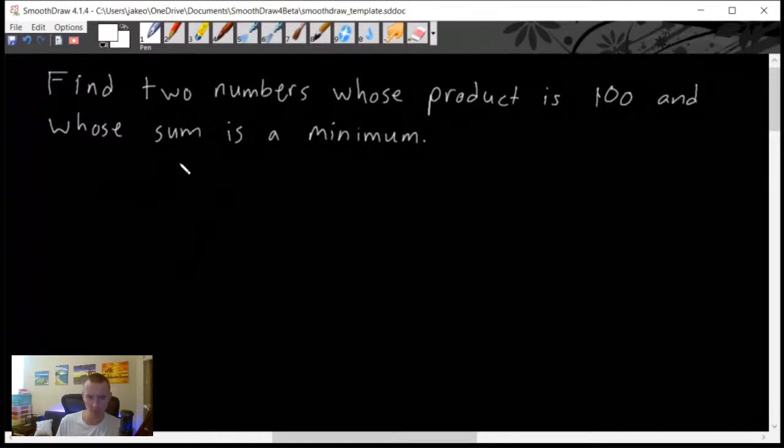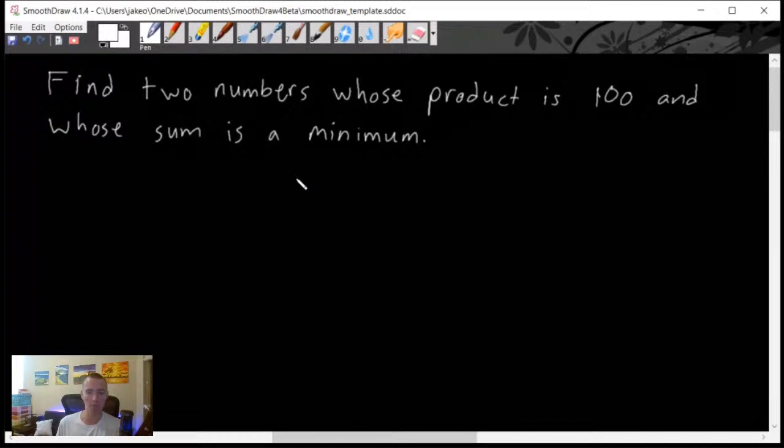So let's go ahead and use this as an example to go over how to solve optimization problems. So really, an optimization problem is one where you're just given some sort of situation, whether it's a geometric shape and how that has to be built, with certain restrictions of perimeter or area or something like that. Or, in this case, we have 2 numbers which we need to find. We need to find 2 numbers whose product is 100 and whose sum is a minimum. So there's always going to be some sort of situation or relationship between numbers or side lengths of a geometric shape, where we are trying to minimize or maximize.